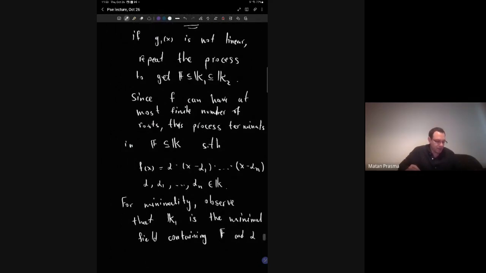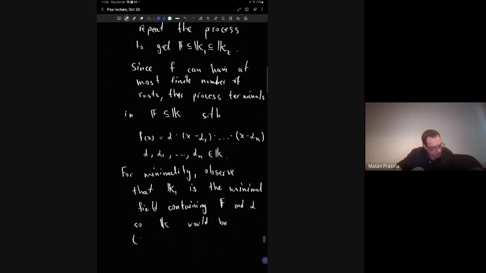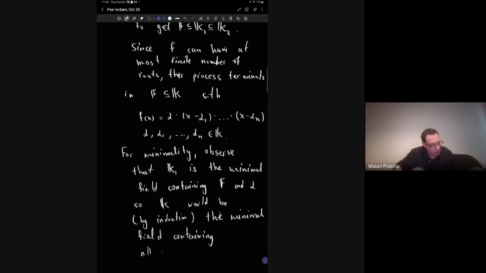Okay, so all in all, K would be, by induction, the minimal field containing F and all the roots of f(x).